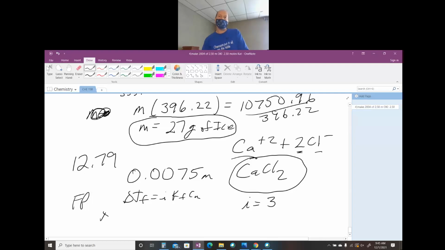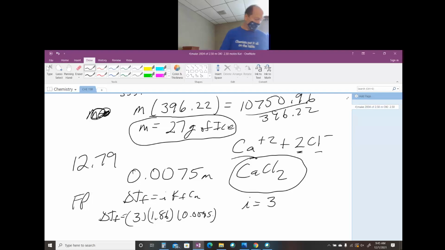So your delta T sub F, you have to put the 3 in there, and then 1.86, and then the molality that they gave you, 0.0075. So 3 times 1.86 times 0.0075, and that gives you a delta T sub F of 0.0419.